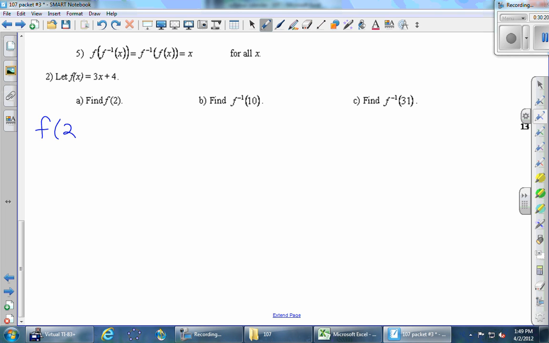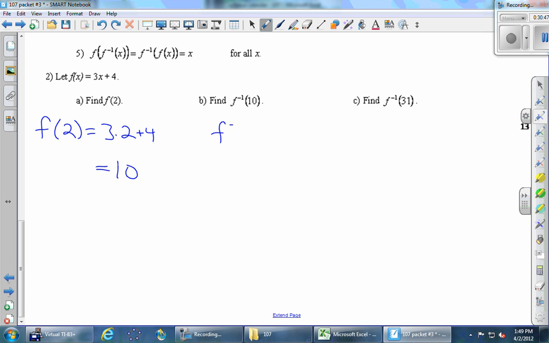Okay, so let's start over here with this f of 2. How much is f of 2? f of 2 is 10, right? Can you guys hold up the answer to part B? What is f inverse of 10? Hold up the number of fingers that is the answer. f of 2 was 10, so f inverse of 10 is 2.